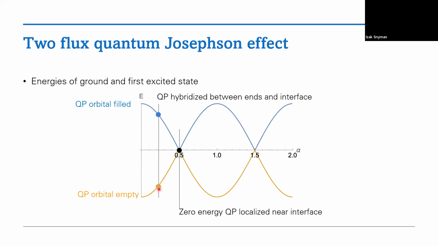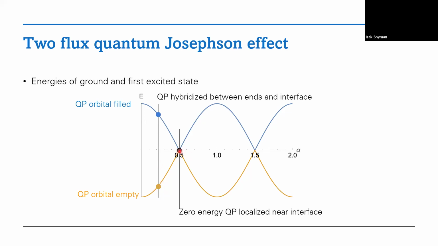What I've drawn here, the yellow is the ground state energy, the blue is the excited state energy. At fluxes different from pi or 2pi, they're distinguished by the occupation of a quasiparticle. For a general flux, this quasiparticle is not localized only at the interface, it hybridizes away from the interface.